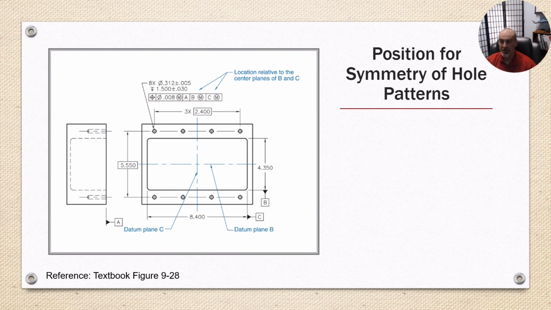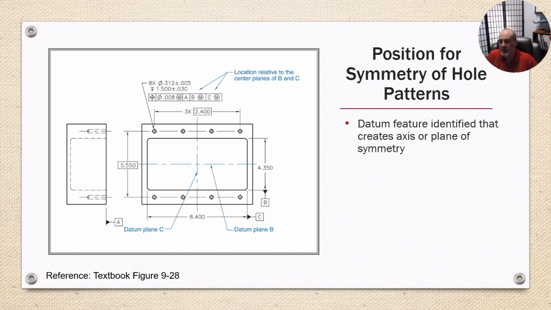So here's a position for symmetry of a hole pattern. The datum feature identified creates an axis or plane of symmetry, and that is because the location of the datums is aligned with the actual dimension. So what we're creating is virtual symmetry.